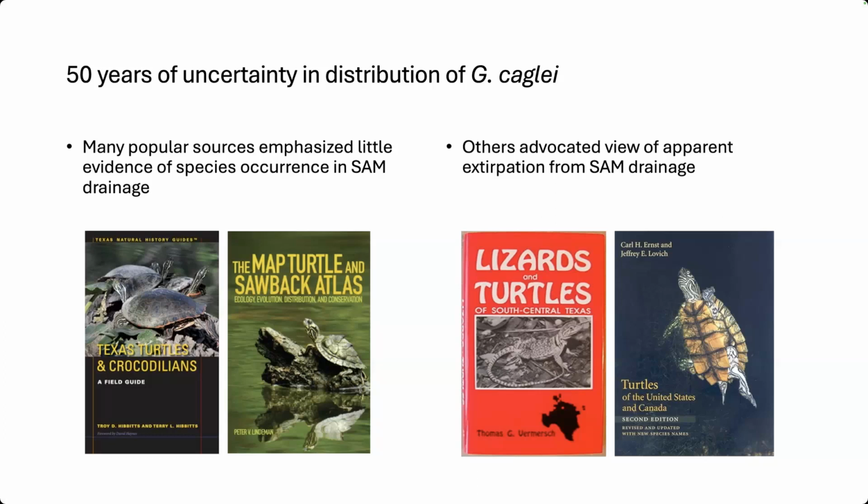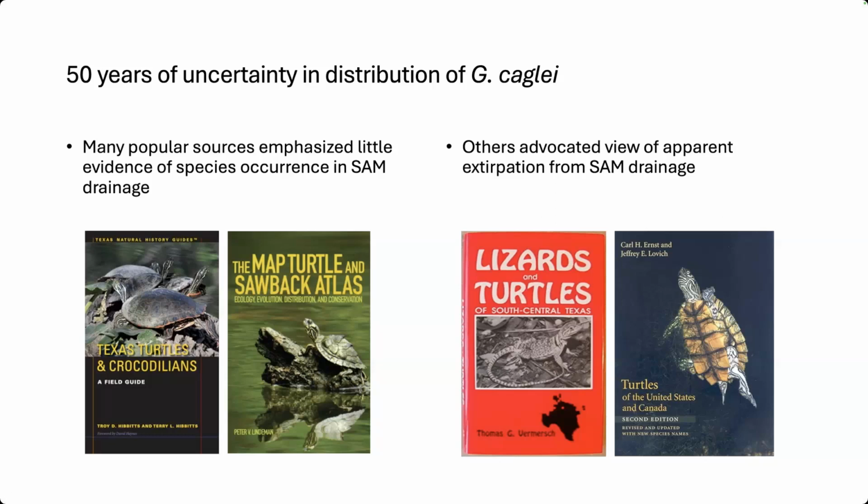But there are also other popular sources that you see here on the right that advocated a view of Graptemys caglei having once occurred in the San Antonio drainage and now being extirpated, right? And this view was also propagated by Killebrew's team as they studied map turtles in the 80s and 90s.